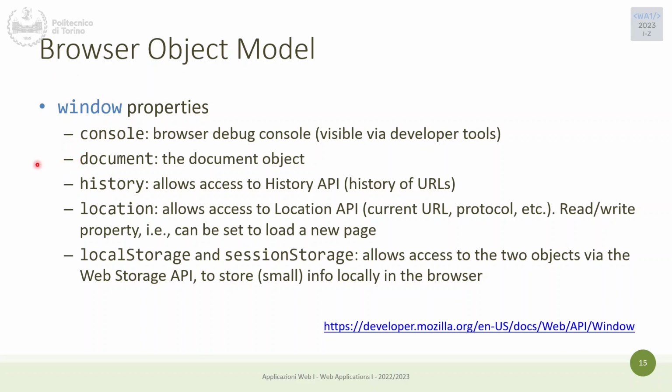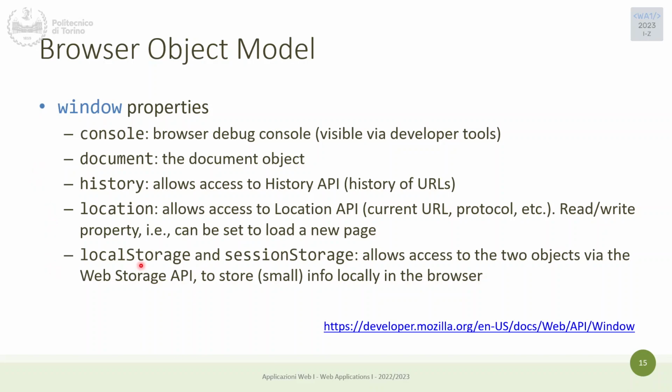Then we have the history, which I spoiled before, but it is probably not surprising to you, because if you have surfed the web in the last 20 years, you have observed this object. I hope everybody is aware that using the arrow, you can go back to the previous page that you surfed before.